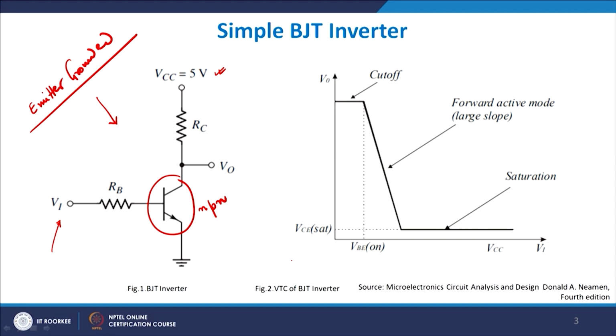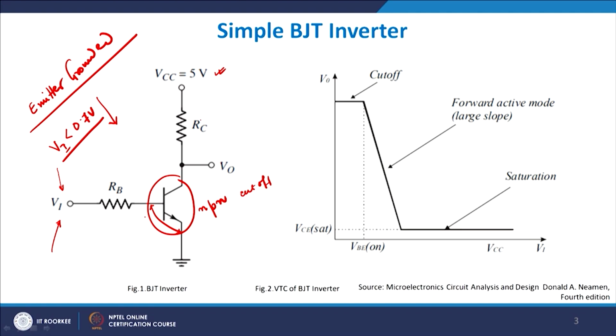Now, we will look into details from the voltage transfer characteristics point of view. When your input is very low, when Vi is much smaller than 0.7 volts, which is the turn on voltage for the base emitter junction, you would expect the NPN to be in cut off, and as a result VO will be exactly equal to 5 volts.